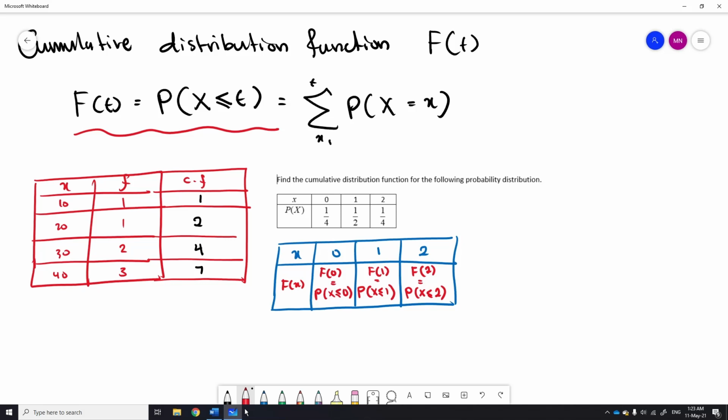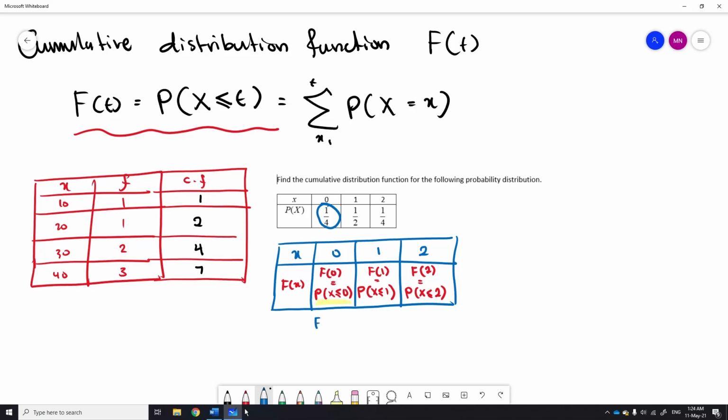To calculate this is by looking at the probability of x. So for the probability of X less than or equal to 0, we have 1 over 4.